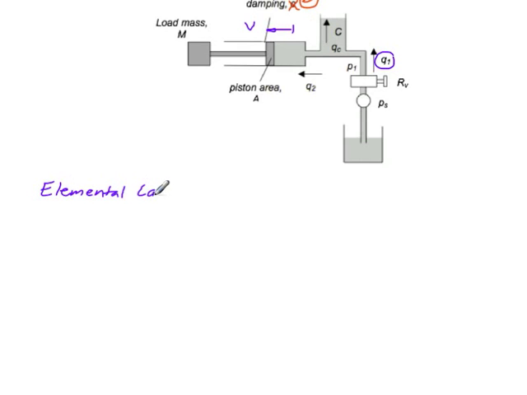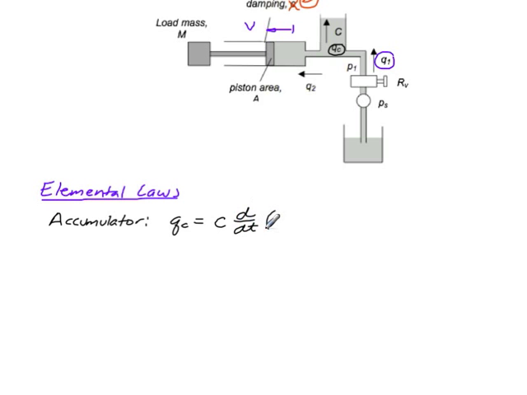the elemental laws that we're going to need. One is, if we look at the accumulator, for the accumulator, we need to say that the flow into that accumulator, which I designated there by QC, is going to be equal to C times the time derivative of the pressure differential across that.